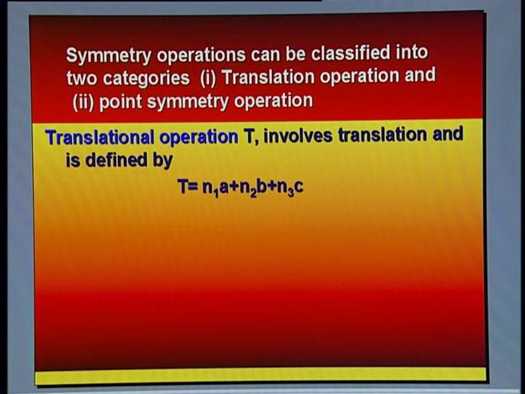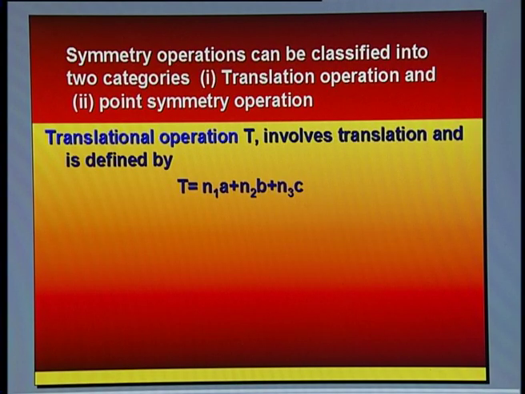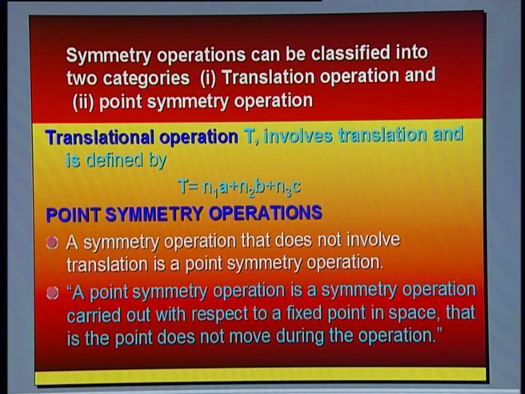Translational symmetry operation I have already explained, regarding the basis and translating it over all the lattice points, so that it is converted into a crystal structure. What we have done there is the translational symmetry, and this is governed by T = n1a + n2b + n3c. This equation corresponds to the translational operation, whereas you have another type of symmetry, that is the point symmetry.